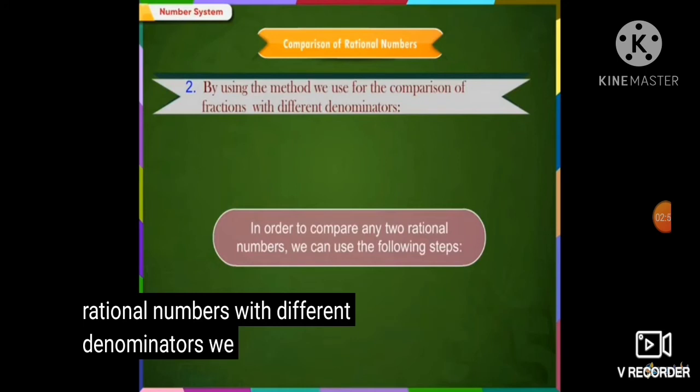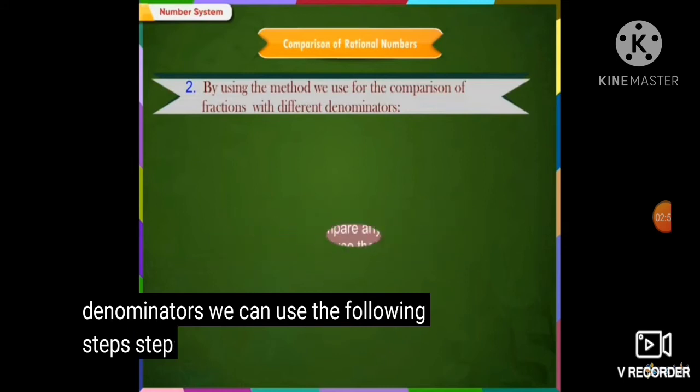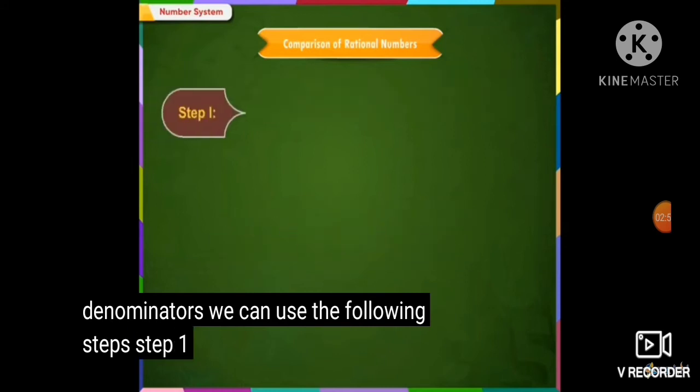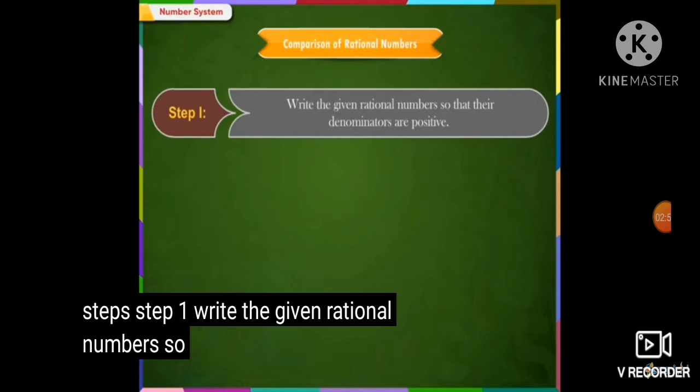The first step is to write the given rational numbers so that their denominators are positive.